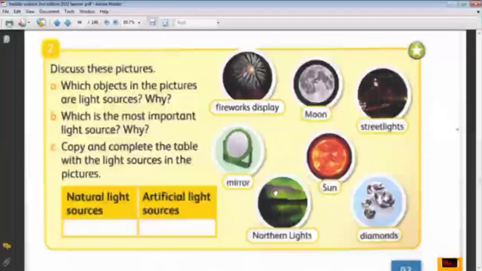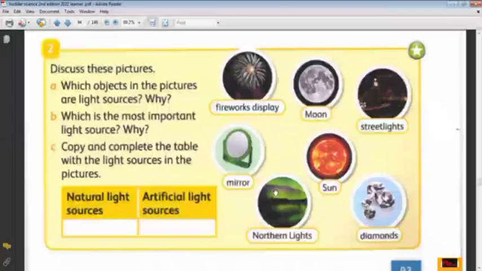Okay. Question B, which is the most important light source? What do you think, Saba? The sun. Why is the sun the most important light source? Because without it, you cannot see in the morning. Yes. And there is another reason. Because it gives the food for plants.